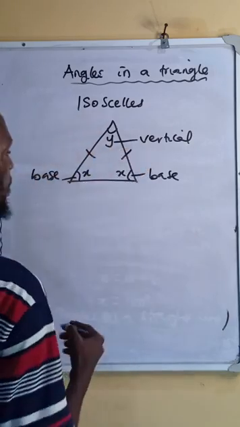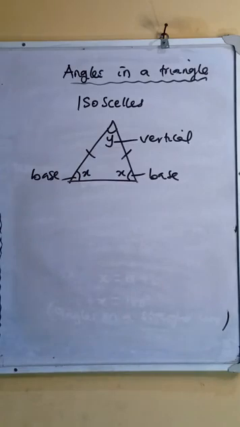And remember, an isosceles triangle is a special triangle with two of its sides being equal. Then if two of its sides are equal, two of its angles are equal. Meaning those angles that are equal are called base angles. Remember, this is a triangle.